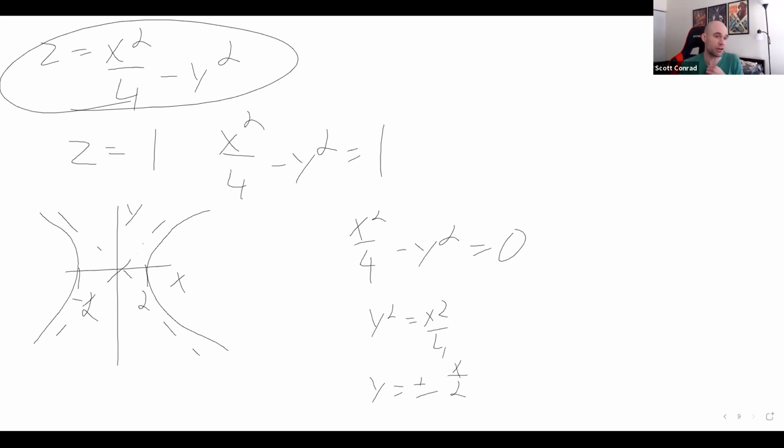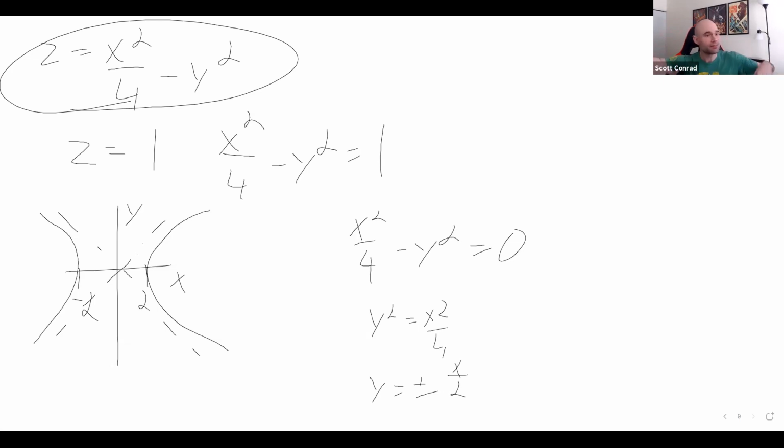And so those are actually going to be your asymptotes. But a positive line and a negative line are just fine. Don't care too much about the slope. Yeah, I would say don't worry too much about that.